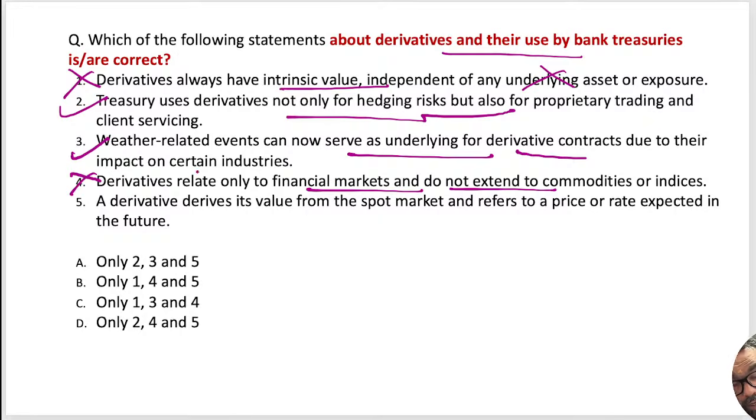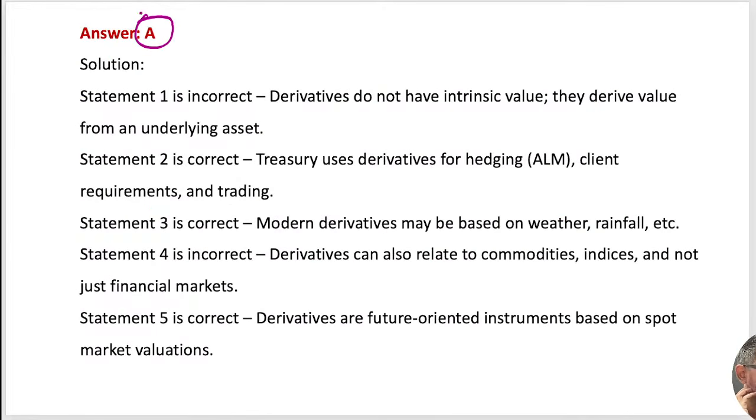For commodities and indices also we have derivatives. Derivatives derive their value from the spot market and refer to a price or rate expected in the future. So 2, 3, 5 means option A will be the right answer for this particular one. The other set I'll find out.